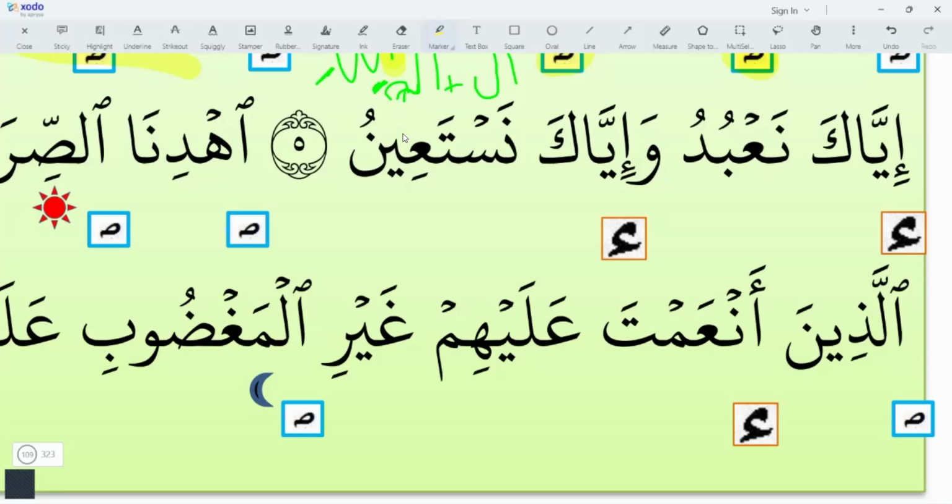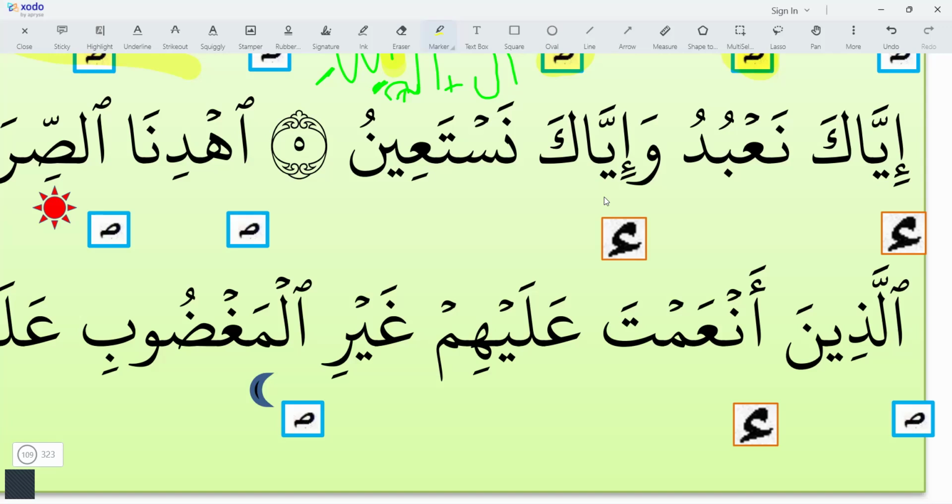Is there one Hamzatul Qat'i or two? Hamza with kasra, is this considered to be Hamzatul Qat'i? Yes. Hamzatul Qat'i, we have to pronounce it whatever its position in the sentence.